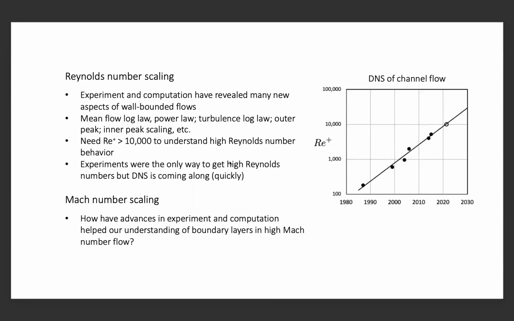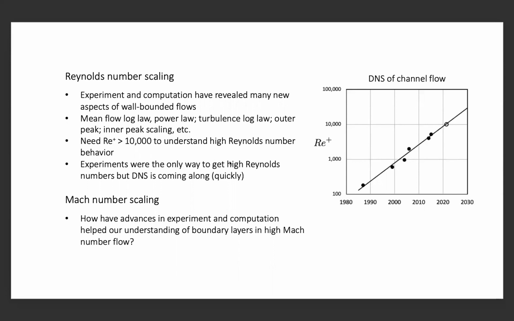And we are now, just in this year, 2020, 2021, we are expecting to see the Re plus of 10,000 coming on, and it hasn't been published yet, but I've seen references to it from Martin Oberlack's group. And so we can expect to see DNS of channel flow at 10,000 this year. And that might actually tell us what the value of kappa is in a channel flow. So I'm looking forward to seeing those results.